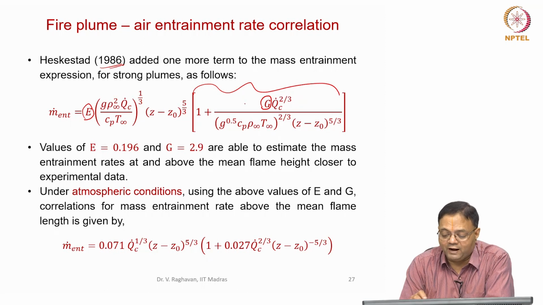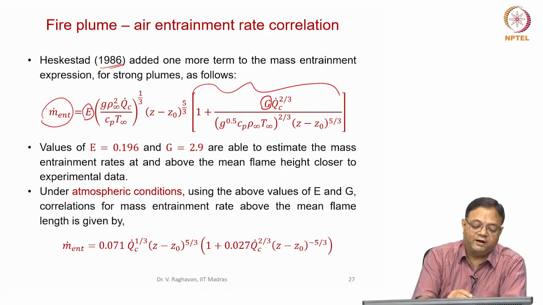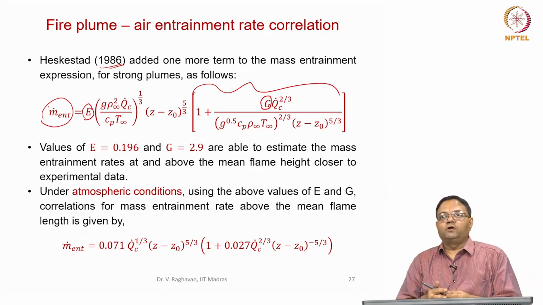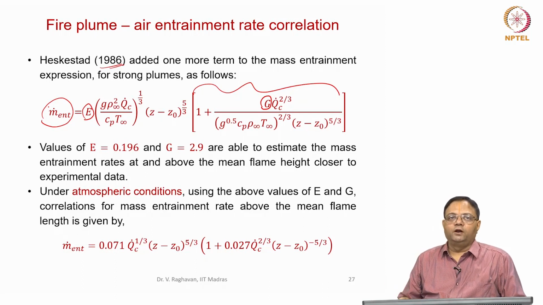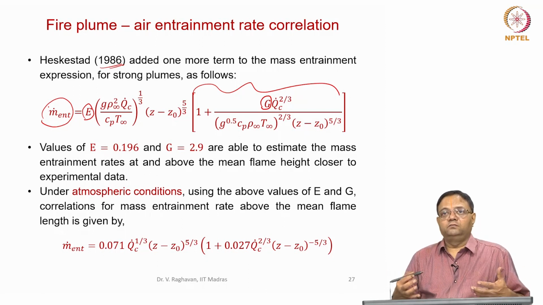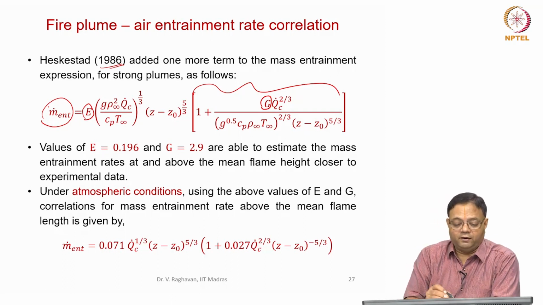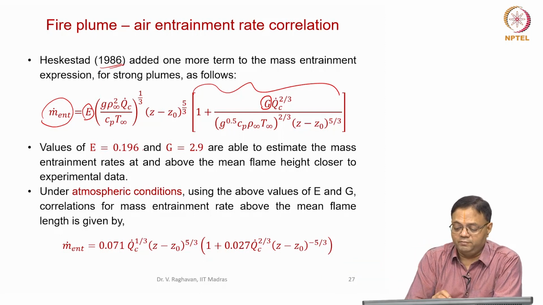So when you add this term, you will see the entrainment rate is, finally, if you measure from the plume using a hood the mass flow rate of the product gases, and you know the mass flow rate of the fuel, you will easily understand what the total entrained air is. Based upon that, you can correlate this. But this has two empirical constants, with the same trend basically.